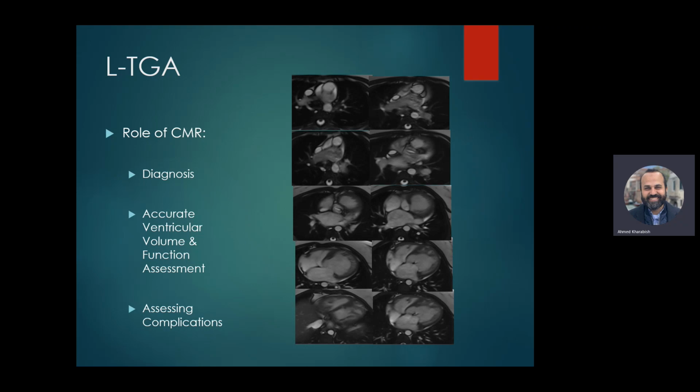But during the follow-ups, unless something new happens, we wouldn't need it. Just following up the systolic function and the volume of this ventricle and looking for any indicators that this right ventricle started to go down or shut down.